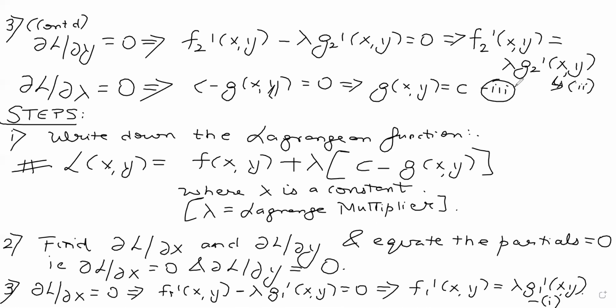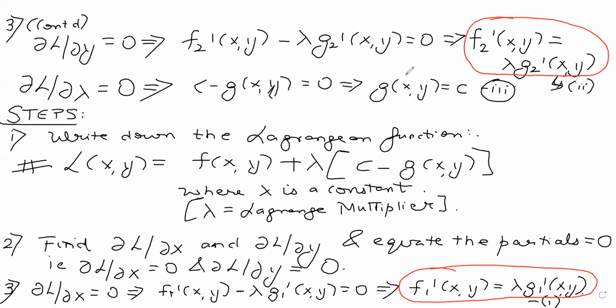So basically, guys, we get three equations when we partially differentiate the Lagrangian with respect to X, Y, and lambda. First equation is F1 dash XY equals lambda times G1 dash XY. Second equation is F2 dash XY equals lambda times G2 dash XY. Third equation is G of XY equal to C. Now comes the last step.